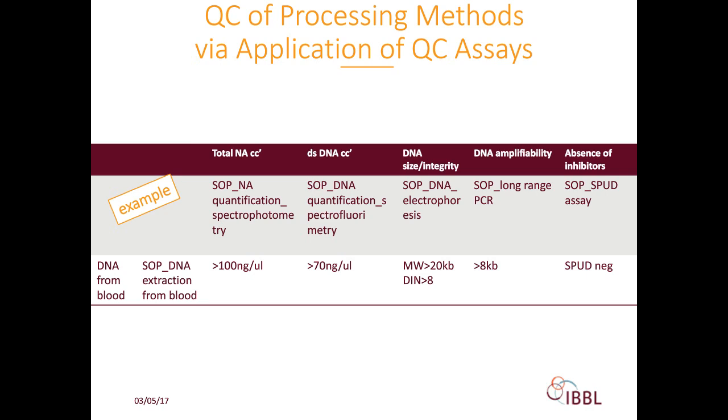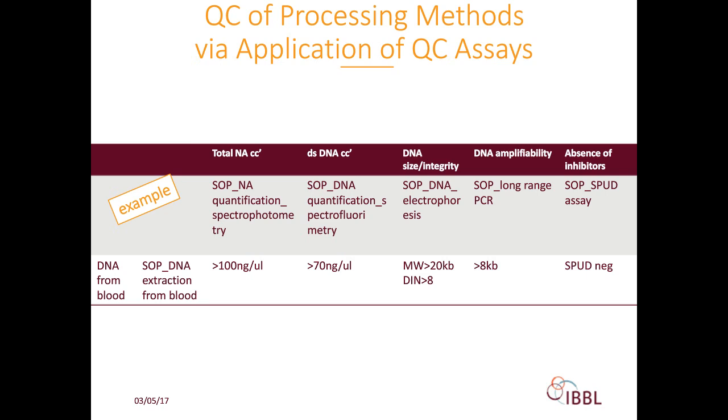In this particular example, at IBBL we do internal quality control for the processing method DNA extraction from blood. We perform a spectrophotometric quality control assay where the result should be higher than 100 nanogram per microliter concentration.